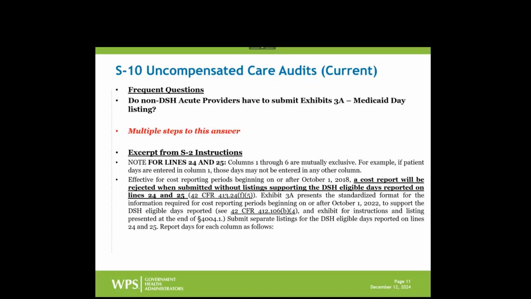So there's no reference right here to it being limited to acutes that actually report DSH. It just says lines 24 and 25, which any hospital can have Medicaid days on.